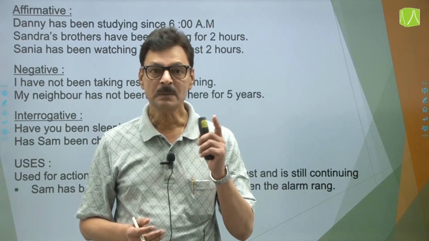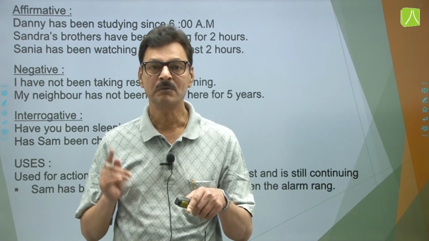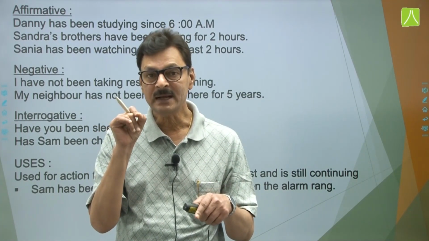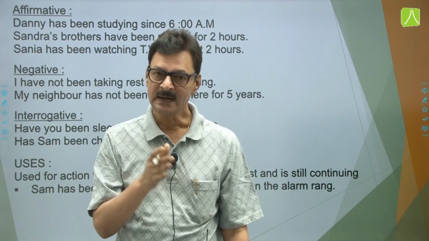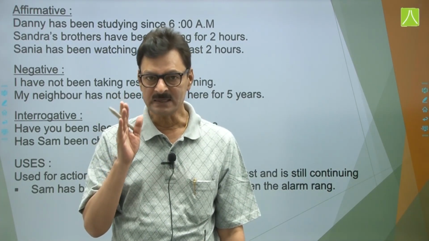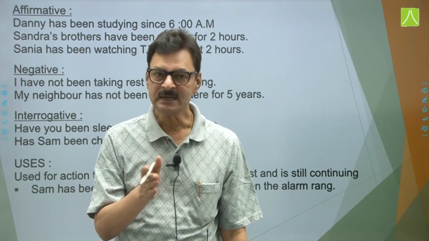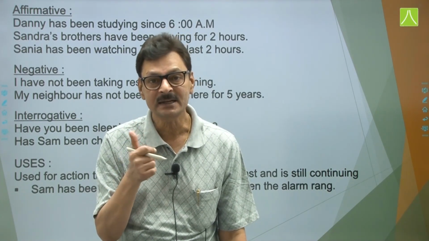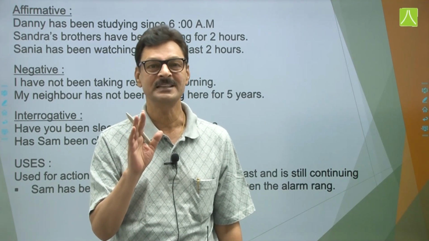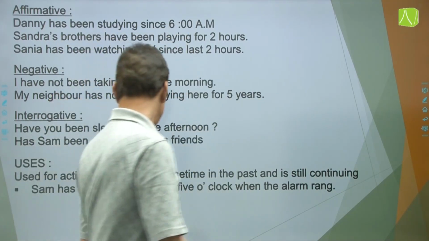So उसके अंदर पता चलता है present perfect continuous tells us that when the action started and it is still continuing, whereas present continuous tense क्या बताएगा? The action is continuing but when it started it does not specify. ये है इन दोनों का फर्क.